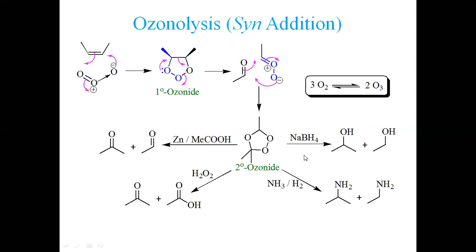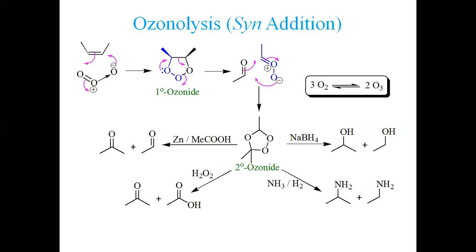First, it shall also form the same product, but sodium borohydride shall not stop here. It shall further reduce these carbon oxygen double bonds, converting them into secondary alcohol and primary alcohol. This is the difference between the two reducing agents I have highlighted here.